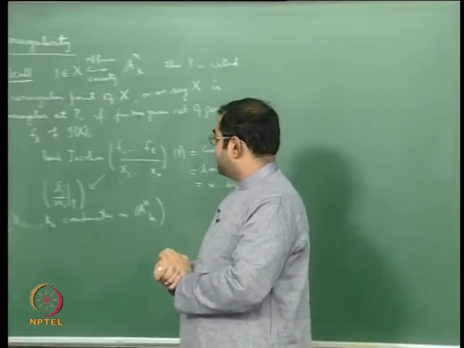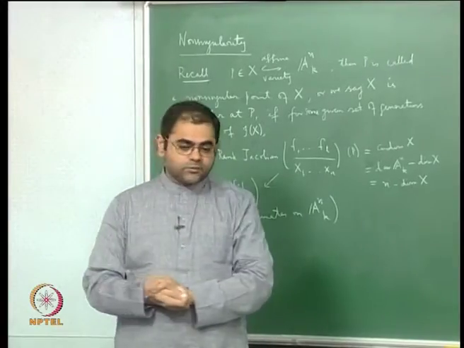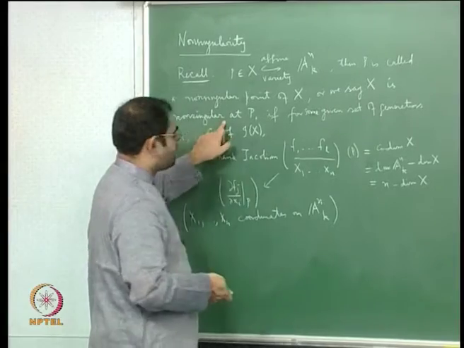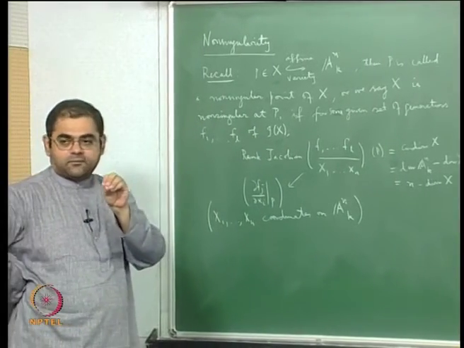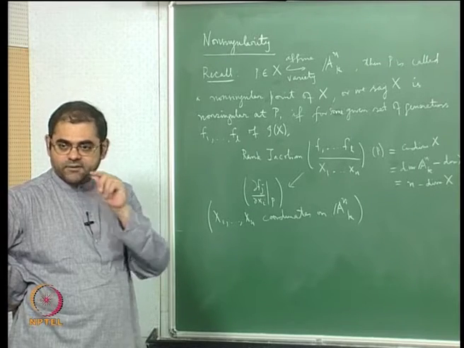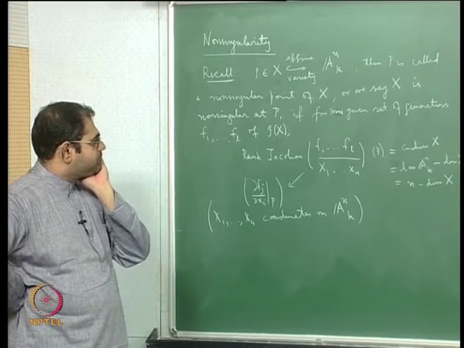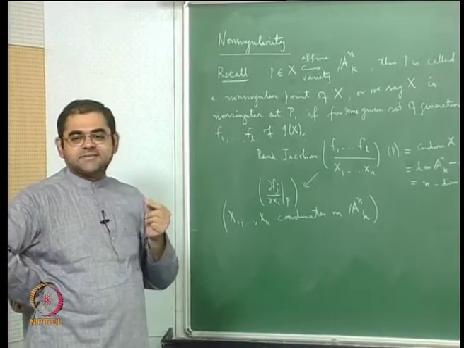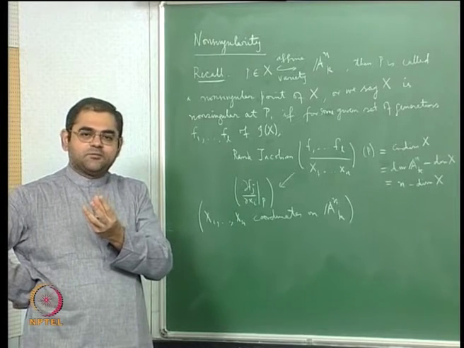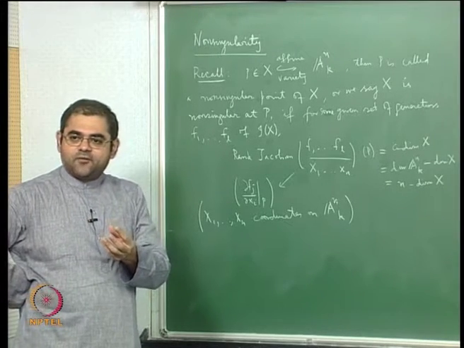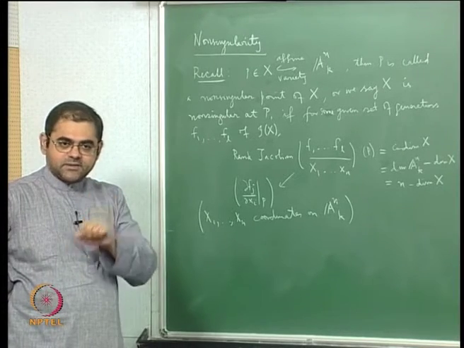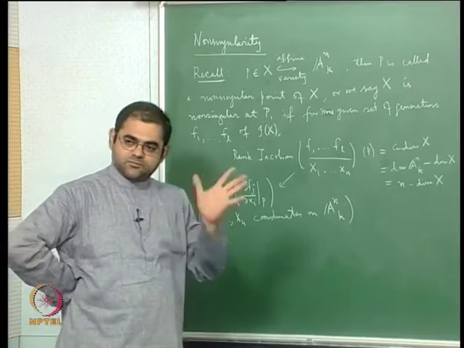Therefore, the moral of the story is that when you say X is non-singular at a point, it will happen not only at that point but also in an open set containing that point, in a neighborhood of that point. And any open set in the Zariski topology is huge, okay. Therefore, the moment you have one smooth point, there is a dense open set full of smooth points.